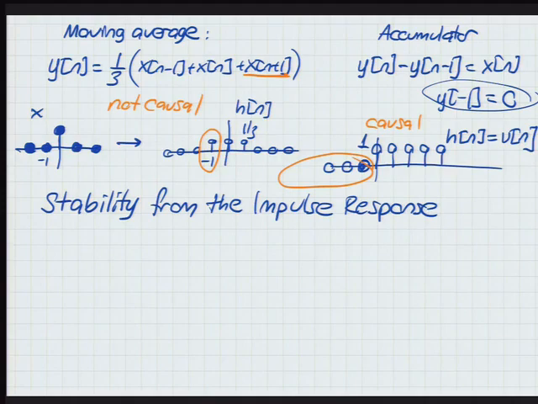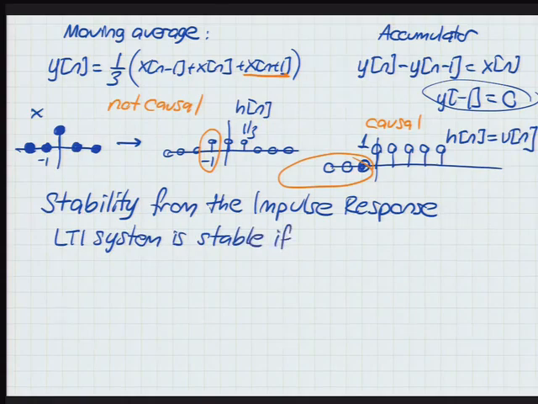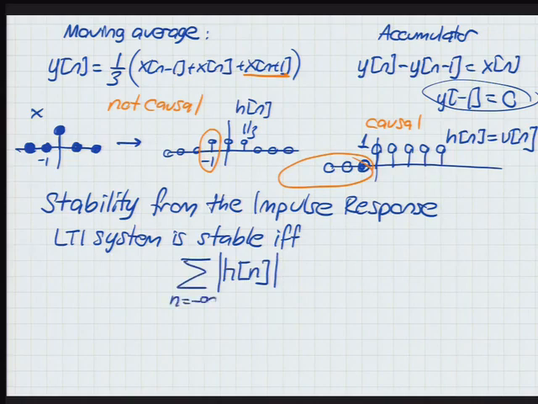Okay? An LTI system is stable if and only if I take my impulse response, h of n, take the absolute value, and sum over all n's, and the result does not blow up.